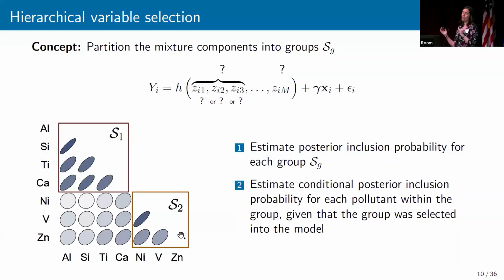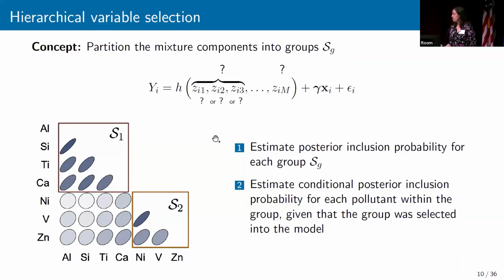And then you can also have exposures that are in a group by themselves if they're not highly correlated with others. Conceptually, this approach looks at each group and asks, should this group, Z1 through Z3 in this little schematic, be included in the model? And if so, is it Z1 or Z2 or Z3 that's really reflecting the association of that group?